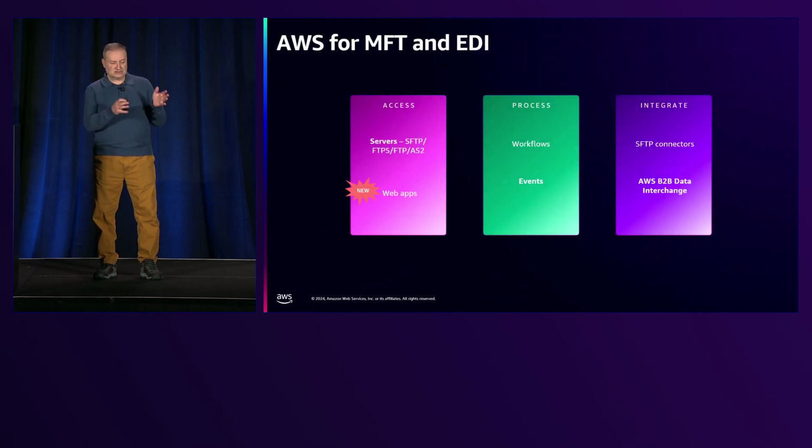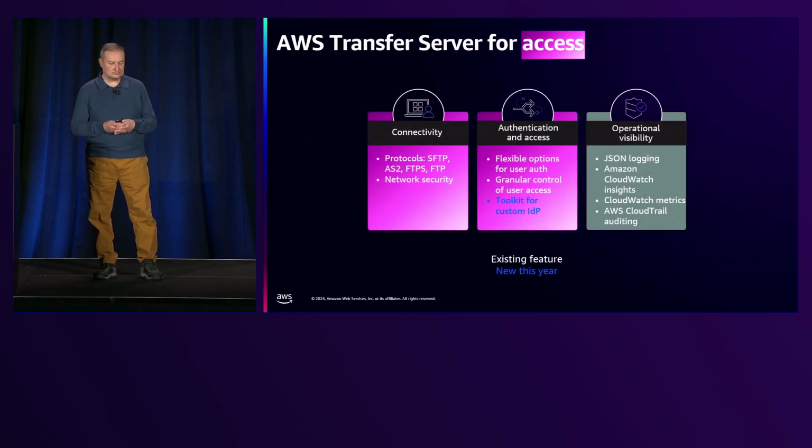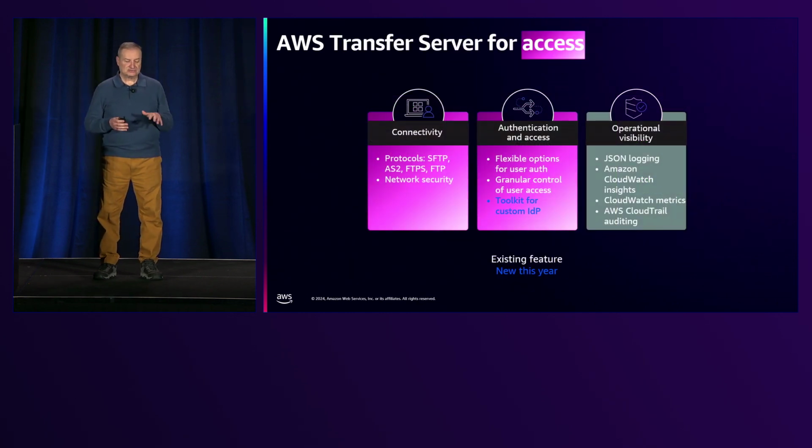Smita mentioned these 3 pillars for MFT: access, process, and integrate your data. Let's talk about the access part. With Transfer Family, as I said, you get access to protocols. We didn't add HTTPS, but that's the new protocol that we support with web apps. We also give you options for network security.